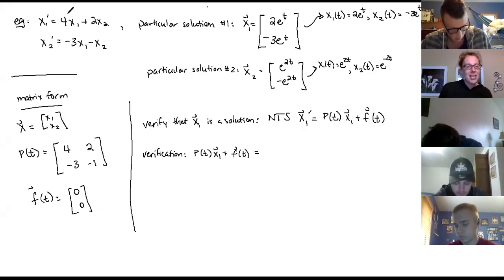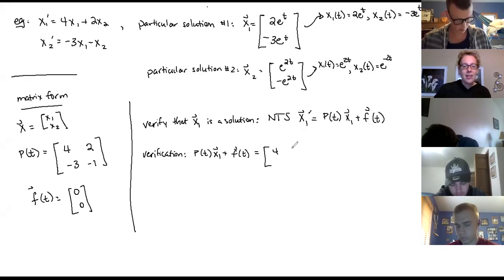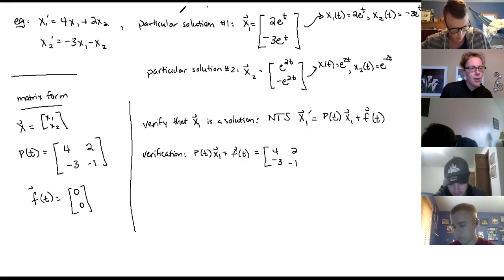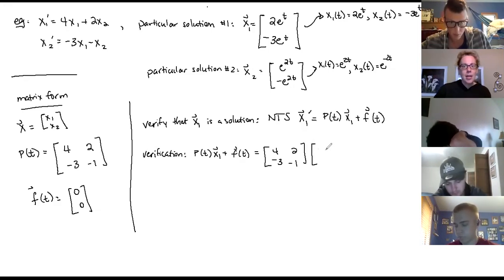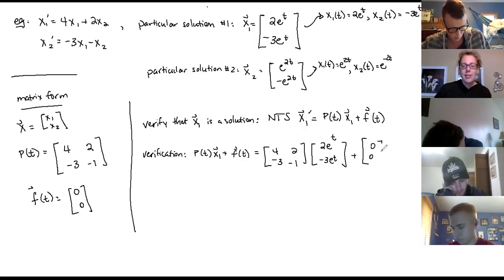My P of t, reading across, is 4, 2, -3, -1. My vector x1 is 2e to the t, -3e to the t. And my vector f of t is 0, 0, because this is a homogeneous equation.